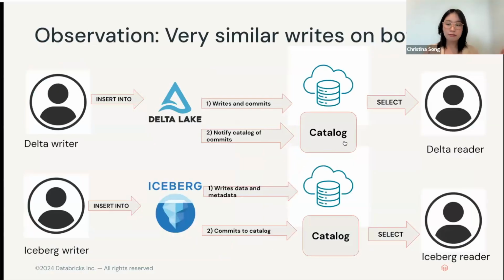And not only are the metadata formats similar between Delta and Iceberg, the overall flow is very similar as well. So for both formats, writes result in commits which write both metadata and data. The writes can push metadata to a catalog, and to read the table, readers can go to the catalog in order to get the latest metadata, which then points to the data.